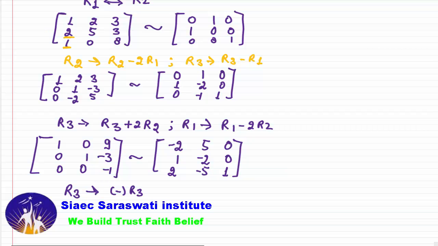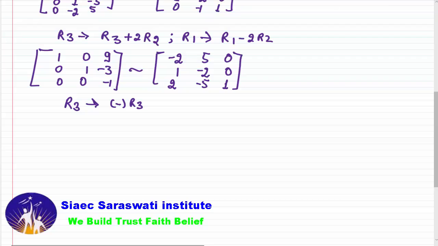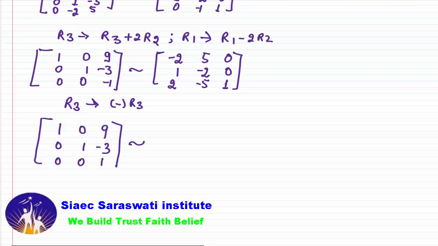Okay, so when we do this, the element will be 1 0 9, 0 1 minus 3, 0 0 1, and equivalent to this, that will be minus 2 5 0, 1 minus 2 0, and when you multiply the minus sign to it, it will be minus 2, it will be plus 5, and it will be minus 1.